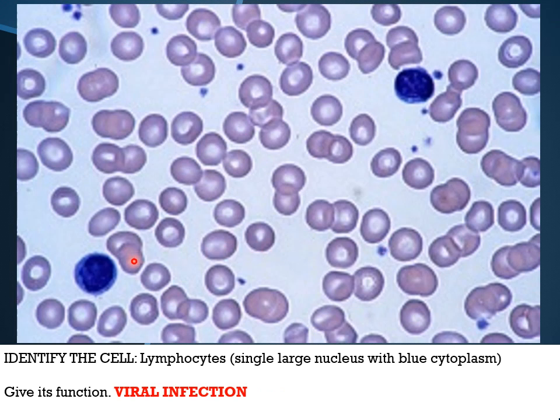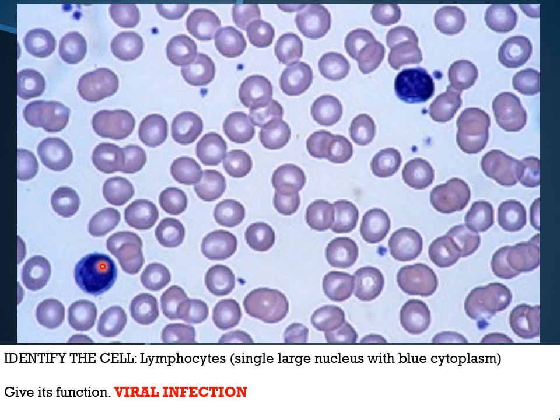Okay, next naman, lymphocytes. Lymphocytes naman natin, this has a single large nucleus. Ito yung mas dark blue, and yung blue cytoplasm niya, very scanty, very little in amount. And this is used for a protection against viral infection.